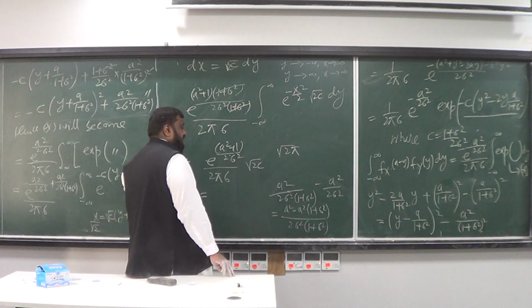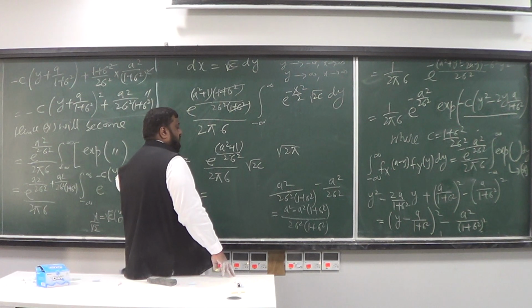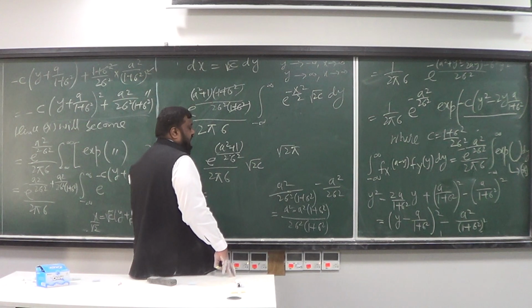Okay, so you're going to get 1 minus 1 plus sigma square over r. Okay, so it should be the other way around actually.